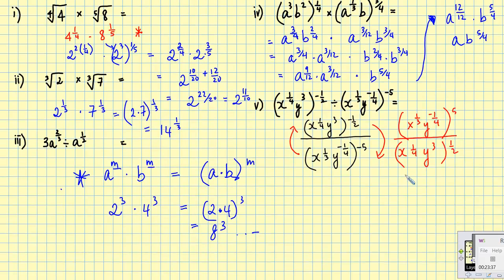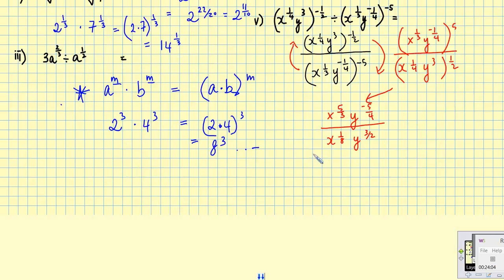Now in doing that, we can simplify. We're going to do a power to the power rule, so it becomes x to the 5/3 y to the -5/4 all divided by x to the 1/8 y to the 3/2. All right, now I'm going to subtract here, so I need to get common denominators.